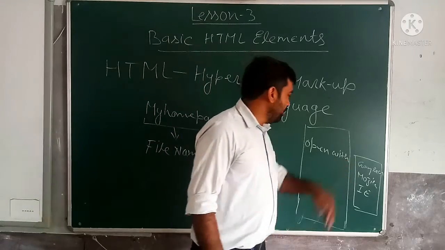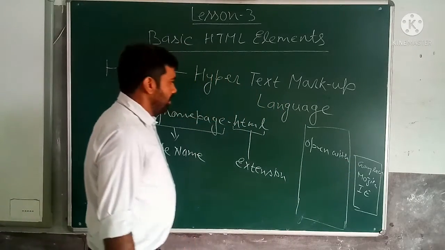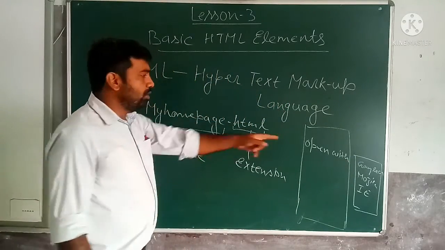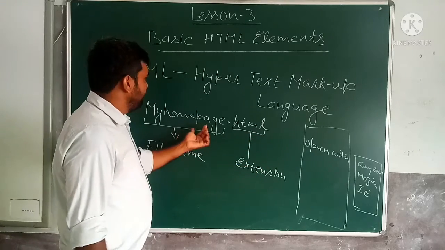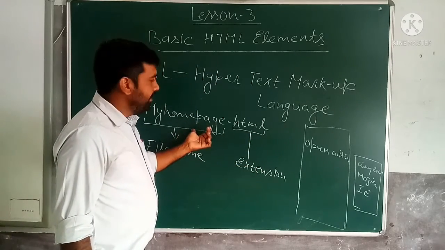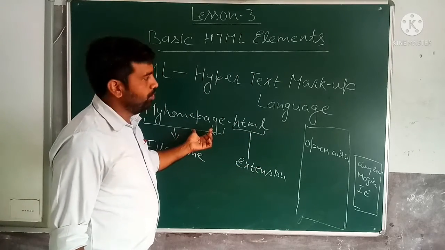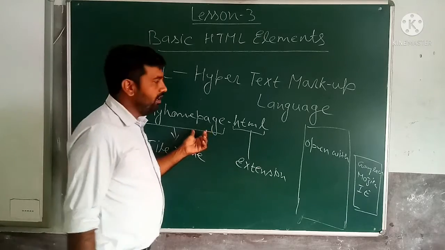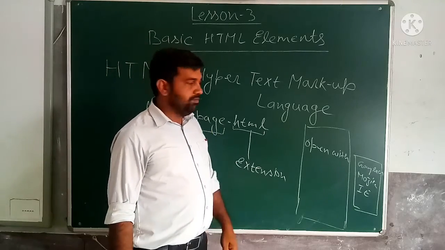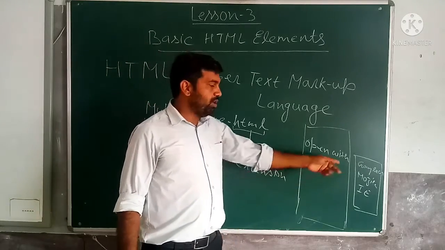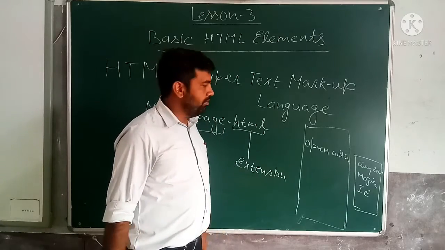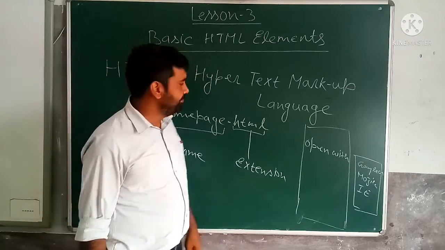So you select Google Chrome. Now that Google Chrome browser will read this HTML file and make a web page for you. Now on the screen you will find a web page, which is the output of the web browser, Google Chrome.